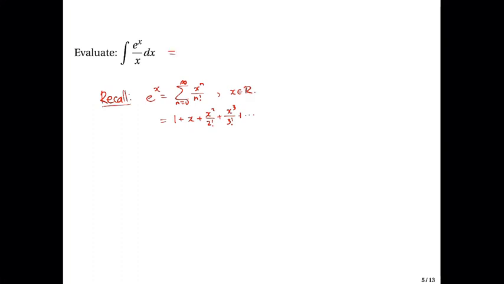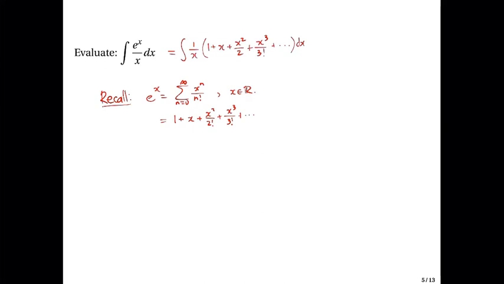So this integral now becomes the integral of 1 over x times (1 plus x plus x squared over 2 factorial plus x cubed over 3 factorial plus and so on), and then you have the dx.